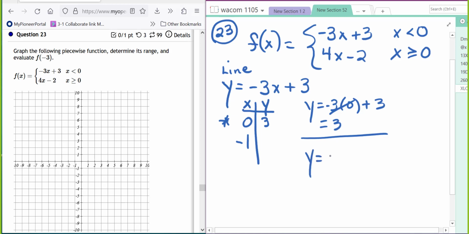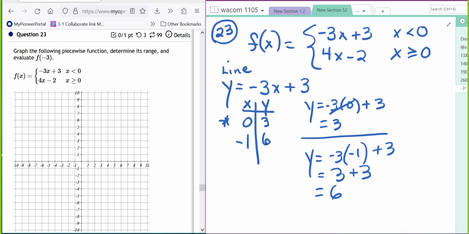So y equals negative 3 times negative 1 plus 3. This is 3 plus 3 is 6. Right? And we can draw that on there. Let me go ahead and figure out the points for the other one.